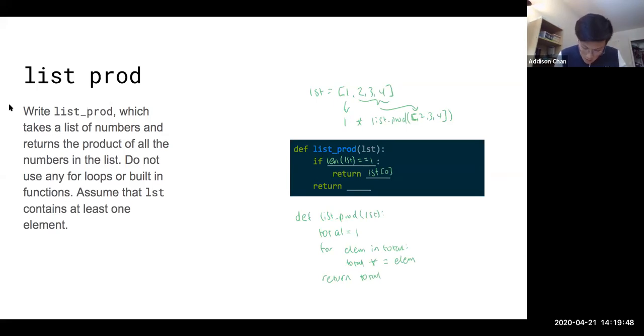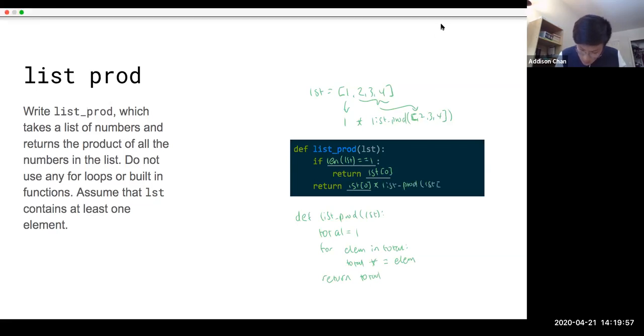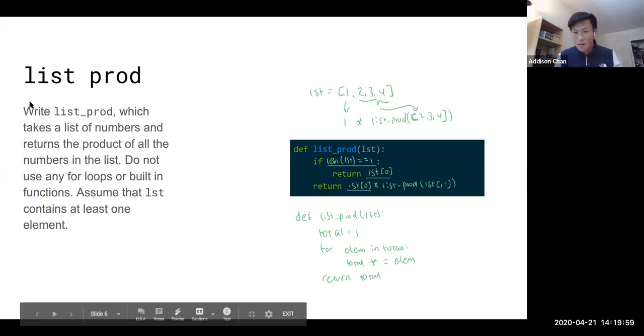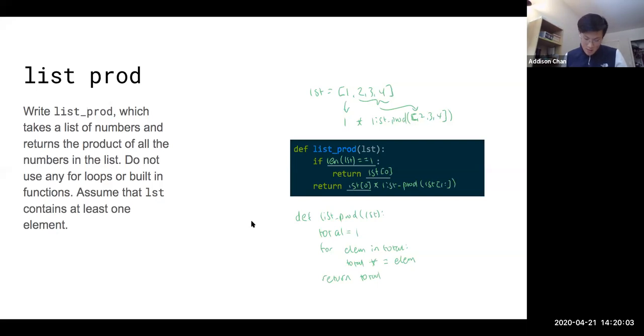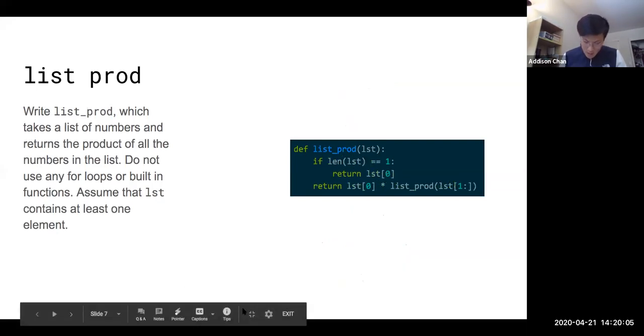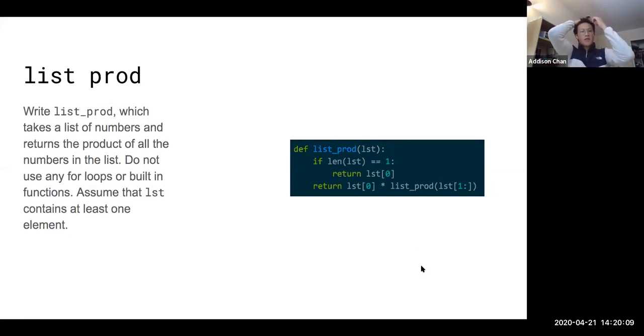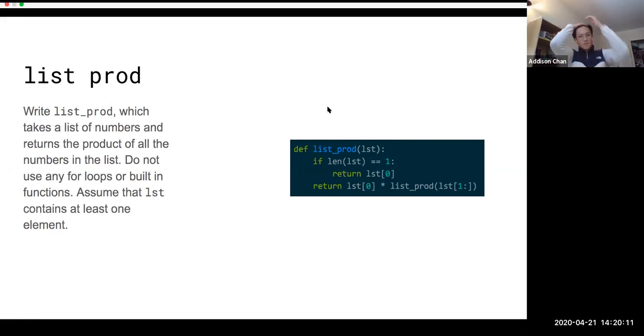Otherwise, we can just return the 0th element multiplied by list prod on the remainder of the elements. And that's the entire implementation. So let's go ahead and take a look at the solution. Here it is, and it's a little bit more clear to see. Feel free to ask if there are any questions about this.